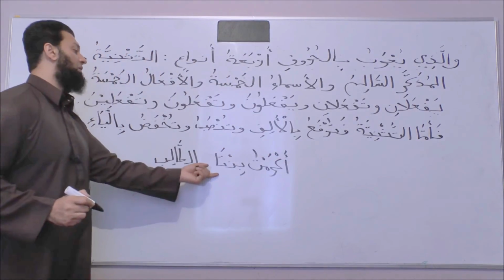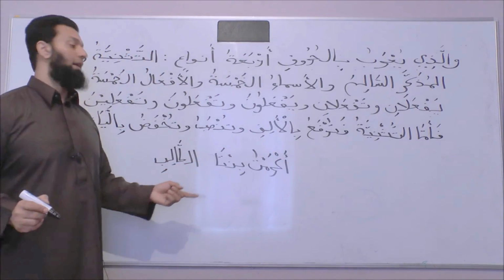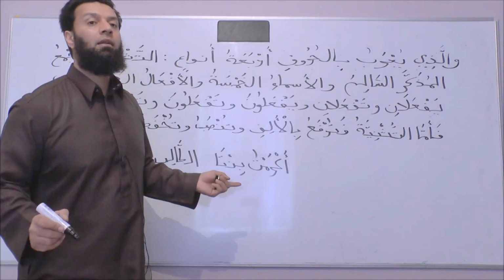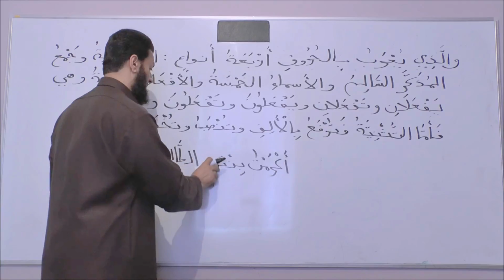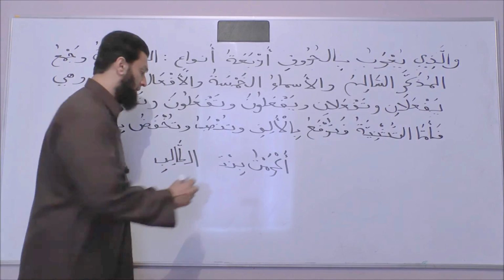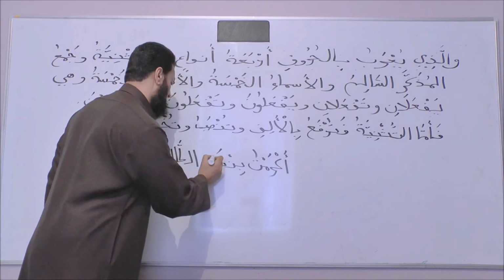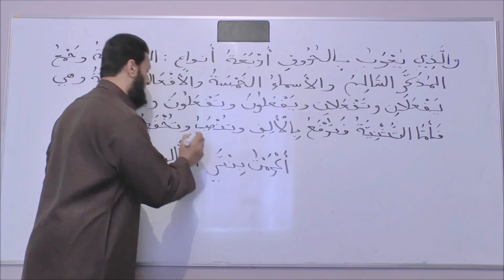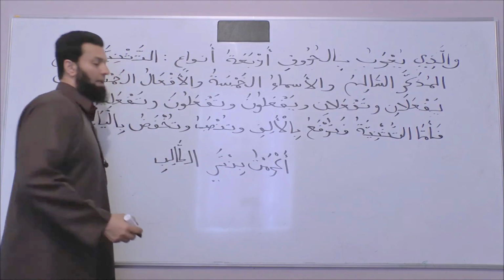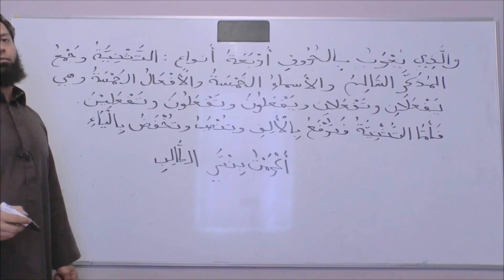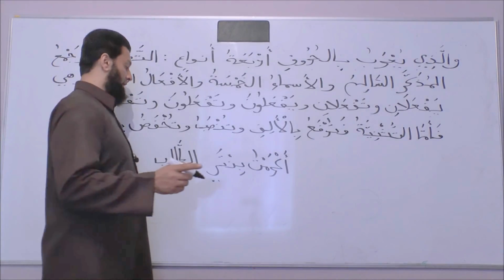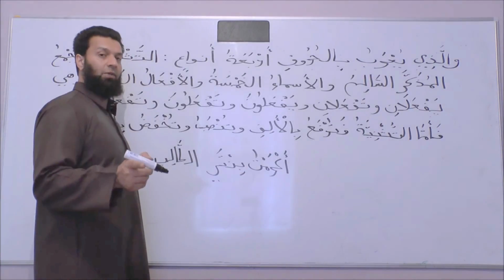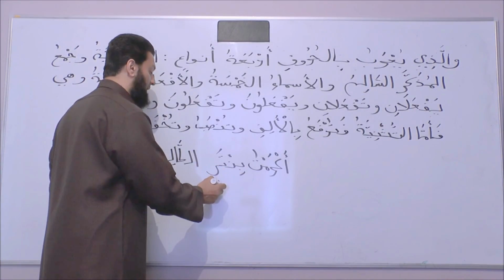Now how do we change binta at-talibi in order to make it correct? بنتي. Bintay. Good. Bintay at-talibi. What's wrong? You've got two sukoons. Yes, it would be bintay at-talibi.